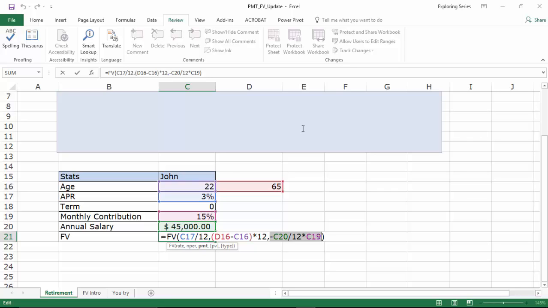And I told you it depends on if you are the person making the loan or the person getting the loan. Well, if you are the person making an investment right now, then this payment amount that you've calculated is a negative number. It's negative because that's a set amount of money that's coming out of your pocket into the bank until the age of 65.